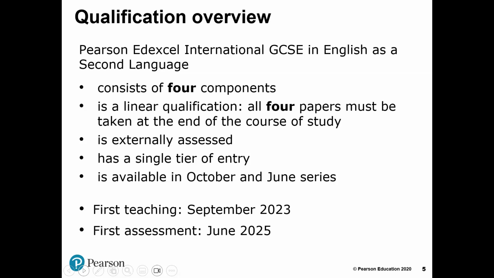It's externally assessed. It has a single tier of entry, so all of the students do just one exam paper for each skill, and you don't need to make any decisions about foundation or higher tier, which will make sense to you if you've taught in the UK, because the UK GCSEs quite often have that structure, but international does not.